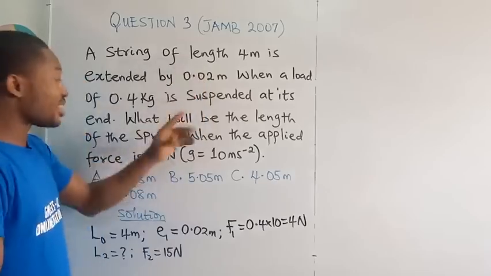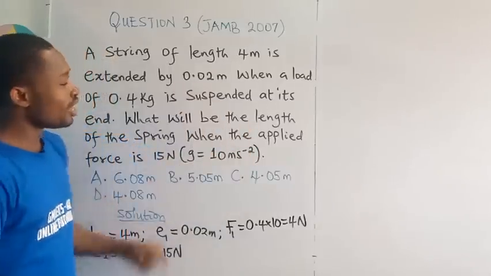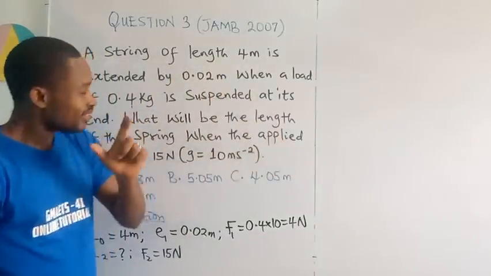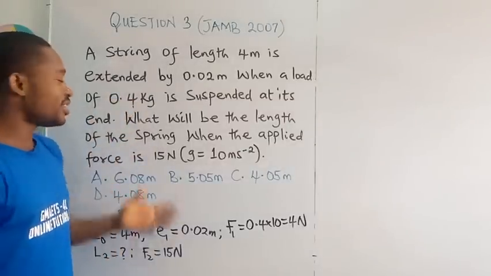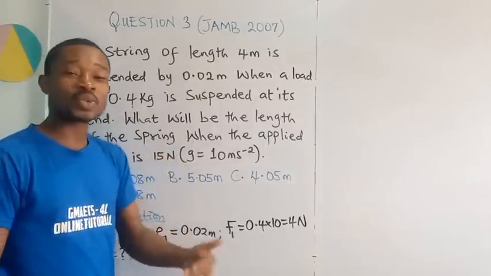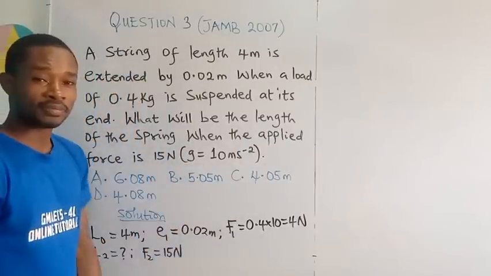So the new length in case 1, which we can term L1, is actually 4.02 meter. That was when this load was attached to the spring. Now in case 2, when the force is 15 Newton, we are being asked what is going to be the new length, and that's why I use L2 here.